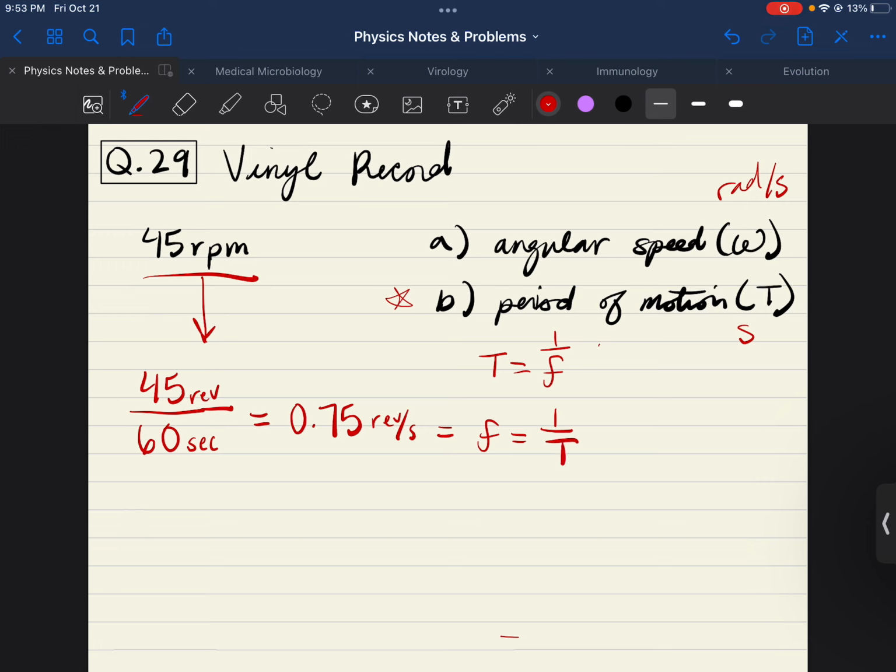And since we know that 0.75 is our frequency, we know that 0.75 is the inverse of our period. So we can go ahead and place 0.75 in for our frequency up here, and we can get our period.